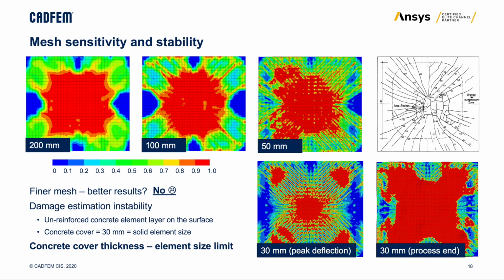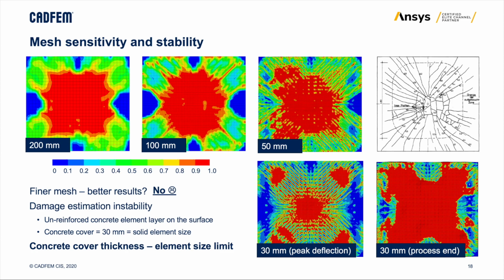We linked this effect to the formation of an entire and completely unreinforced layer of concrete outside the rebar cage with this element size. This layer of elements accumulates damage, so you can see strain softening but no mass reduction, and this leads to material loss of stability.